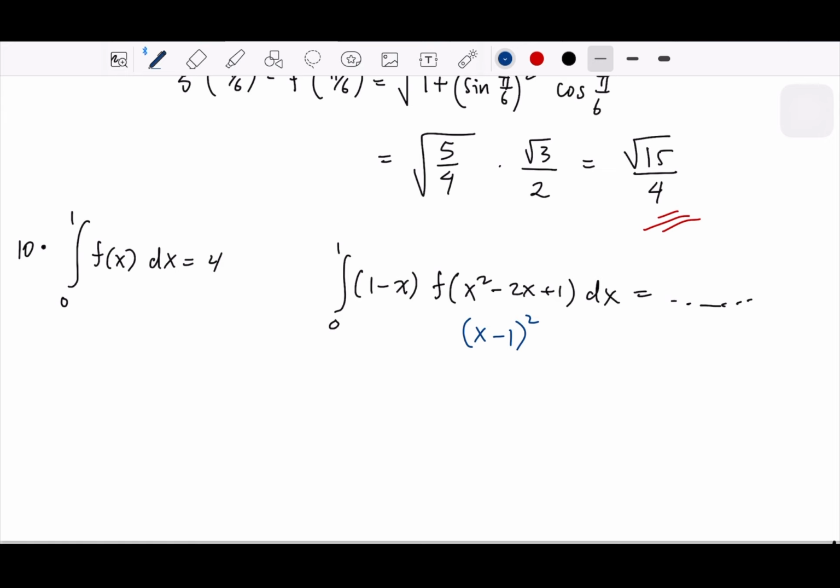So take u, for example, u equals (x minus 1) squared. So du will be 2(x minus 1) dx.